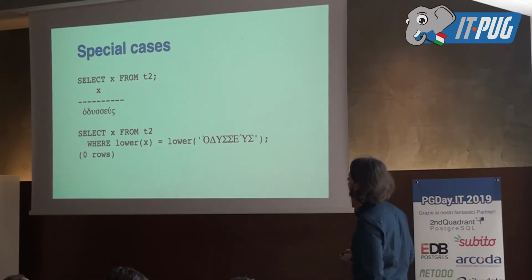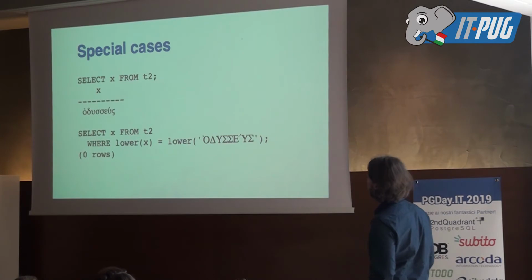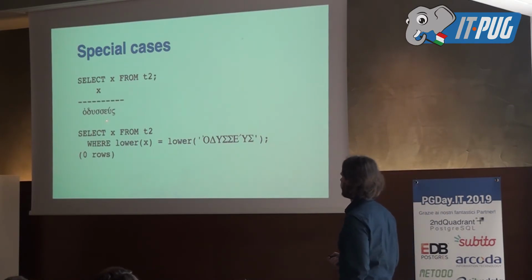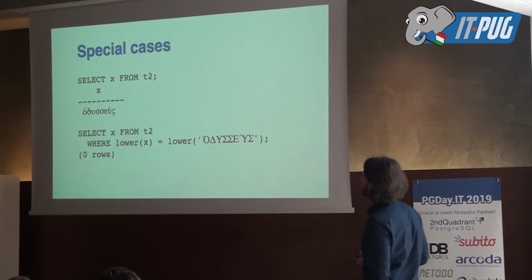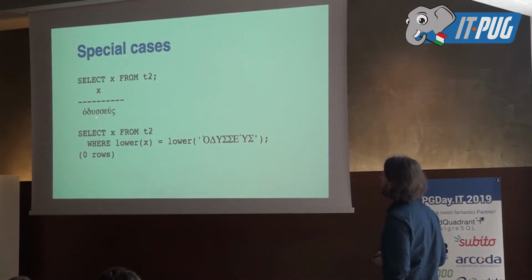This is Odysseus, the Greek character. If you've paid attention in math, maybe you can see these Greek letters. This is O, D, this is Epsilon, sigma, sigma, and so on. The interesting thing is that this sigma and this sigma are different from this one at the end. This is a particular feature of the Greek alphabet: the sigma at the end is different from the sigma in the middle.